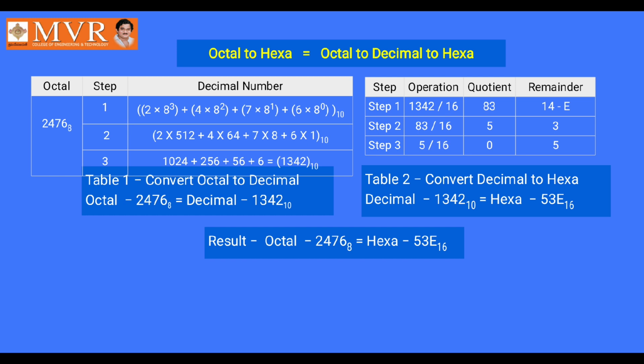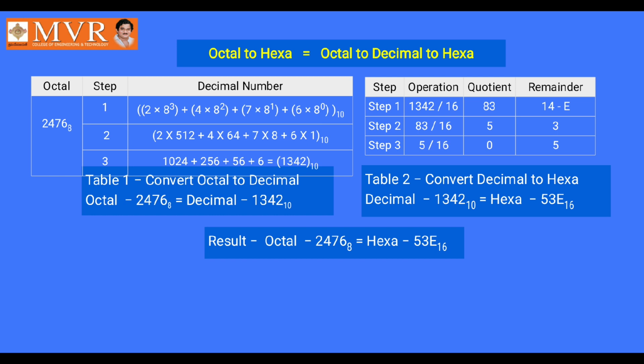How to convert the decimal to hexa? Divide by 16. Decimal to any base, divide by that base value. And any base to decimal, multiply by that base value. That is a basic principle you have to remember. When you divide 1342 by 16, the first step you get quotient 83 and remainder 14.